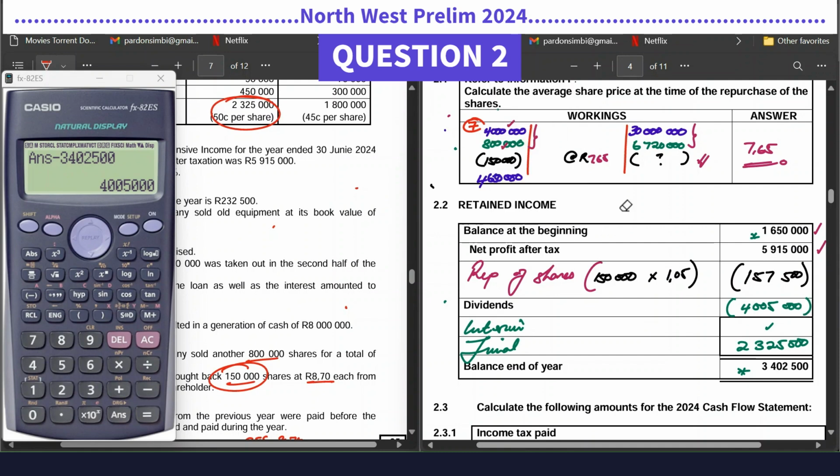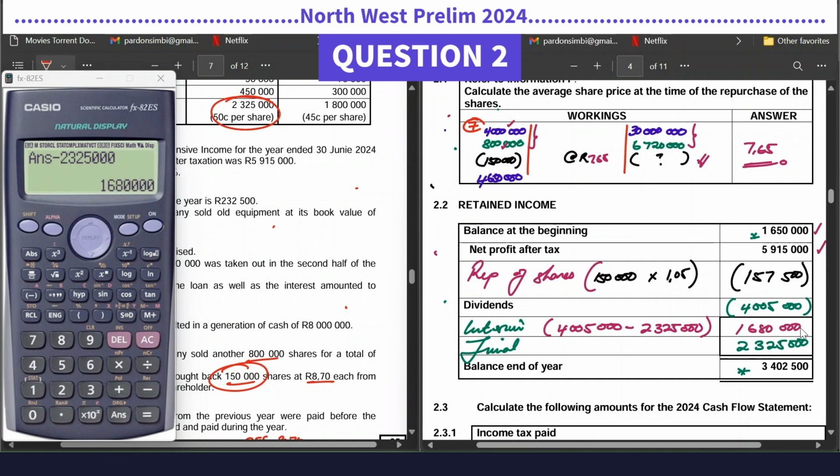To get my interim dividends, I take my dividends for the year, which is 4,005,000, minus 2,325,000. I simply subtract 2,325,000, and that will leave me with 1,680,000. That is how I would have completed my note 8.